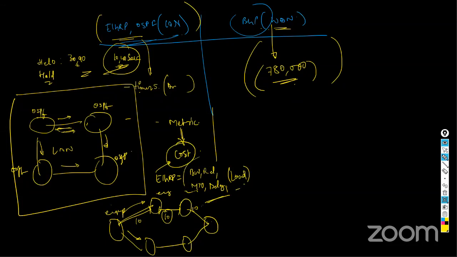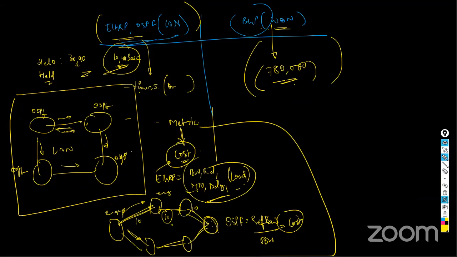So these are the 5 components which calculate the cost. And in the case of OSPF, it's your reference bandwidth divided by bandwidth that gives you the cost. So these two protocols depend upon the interfaces, and then decide the cost. Now this is a drawback. When I'm talking about 7 lakh routes, I cannot keep on checking which path has what cost.